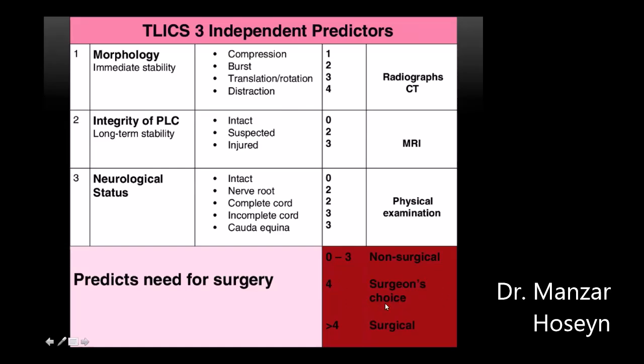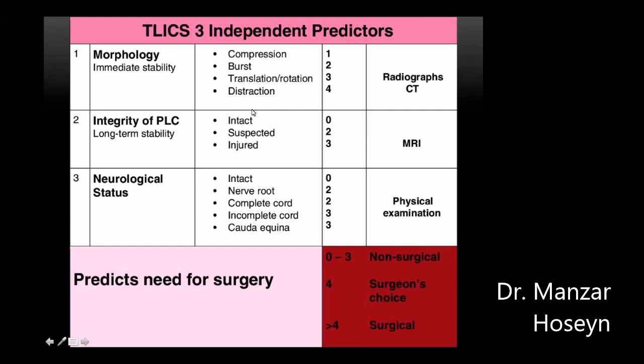Some of the patients can be managed non-operatively, while others may need surgery. The different fracture types defined in this system are compression fractures, burst fractures, translation, and distraction. And the neurological status varies from intact to complete spinal cord injury, and the numerical value is available. So you can check it and then you can score it.